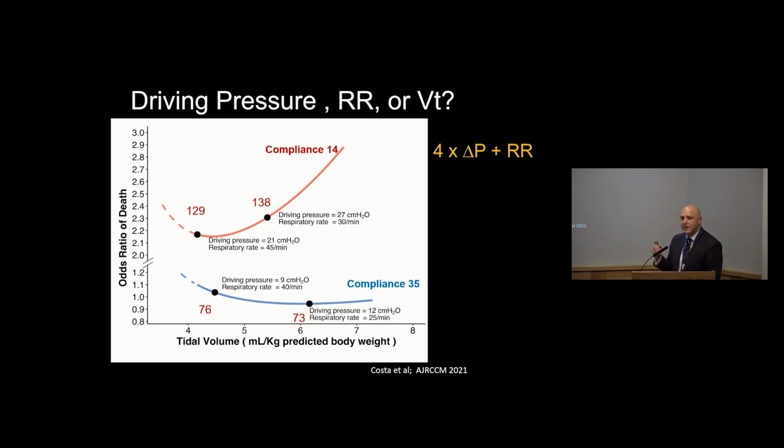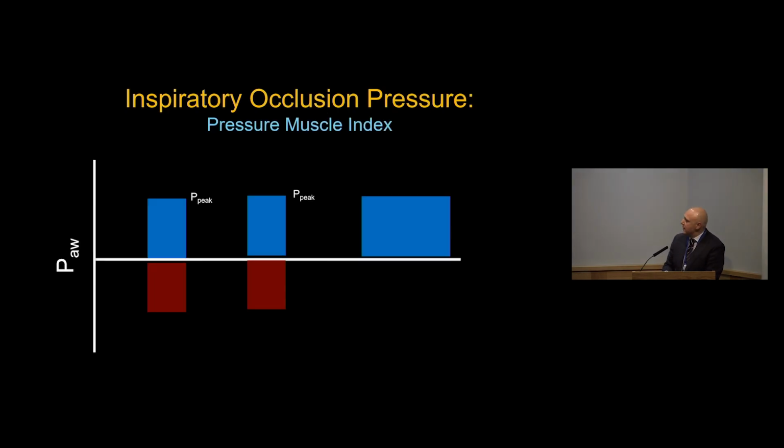The problem, this is great when you've got a patient who is paralyzed and on propofol, fentanyl, rocuronium, or whatever else. The question is, how do we know the driving pressure of patients who are spontaneously breathing or in assisted ventilation? Well, this is an interesting idea. So let's imagine that you've got a patient in assisted ventilation.